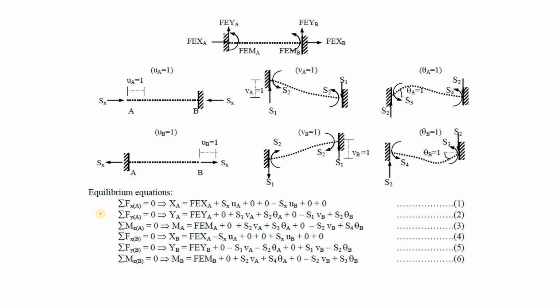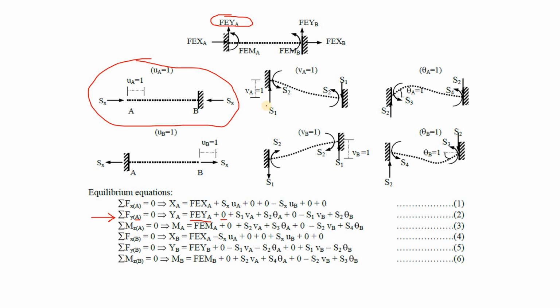This time let's develop the y direction forces equation for joint A. At joint A we have FEYA positive. Then here there are no vertical forces, so there's going to be a 0.